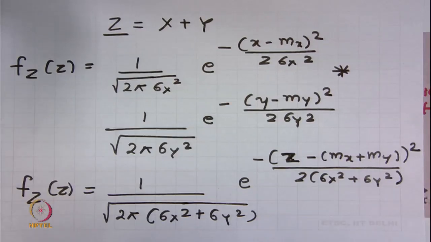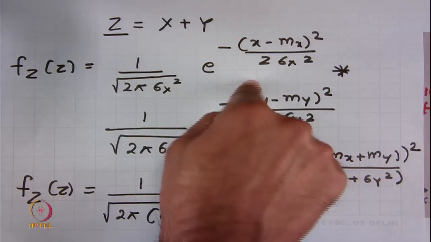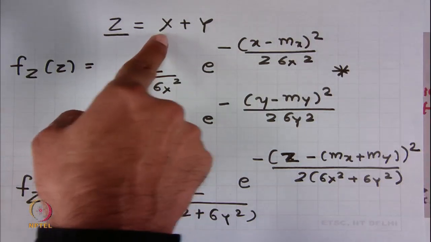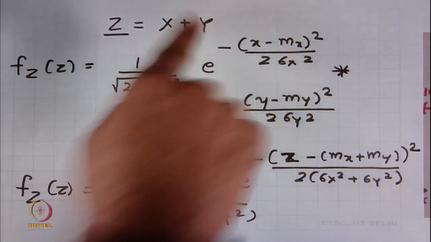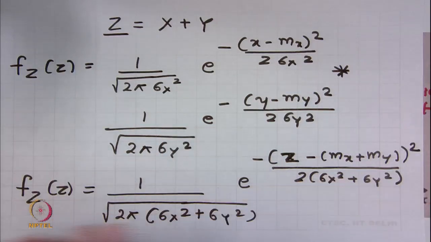Okay. So, what I get is the resultant probability density function of z, which is obtained by taking the convolution of the probability density function of x with the probability density function of y. This is the resultant probability density function. So, what you notice is a very important result again. We are covering a lot of important stuff today: the resultant probability density function is also Gaussian. I have taken a Gaussian random variable, and another Gaussian random variable, both statistically independent of each other. I sum them up, and what I end up with is a resultant random variable that is also Gaussian, of course with a modified mean.